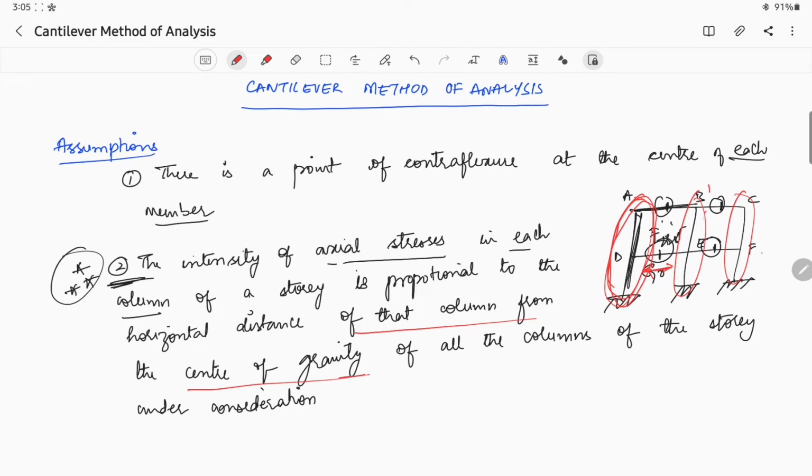So we'll have a center of gravity of all the columns under consideration. This is a very important point, the gist of the entire method. If we follow the second assumption, then the entire problem will be easy for us.